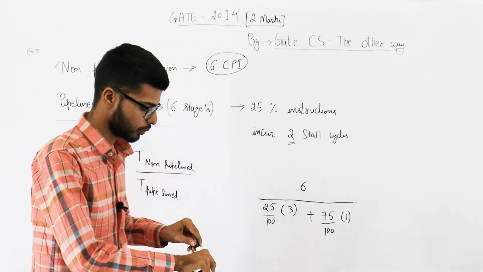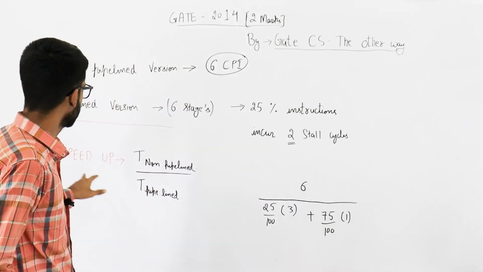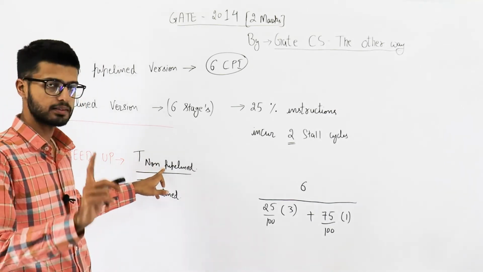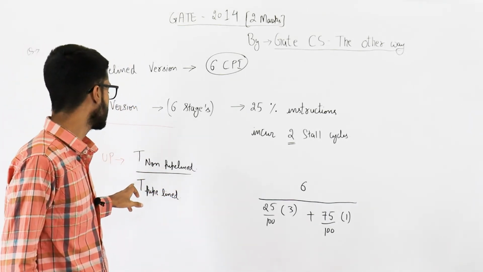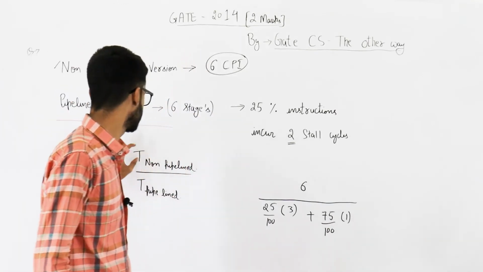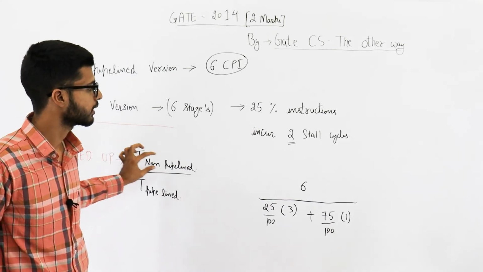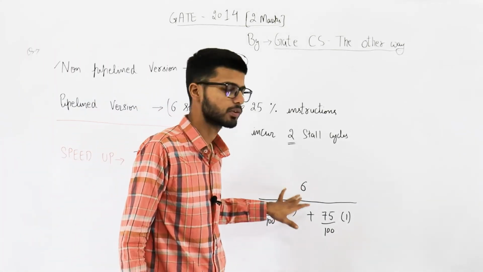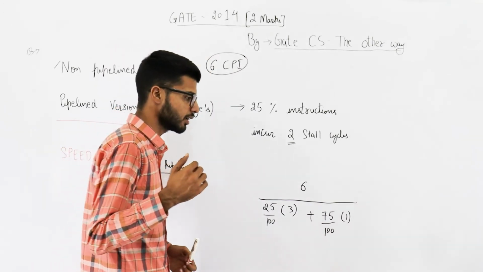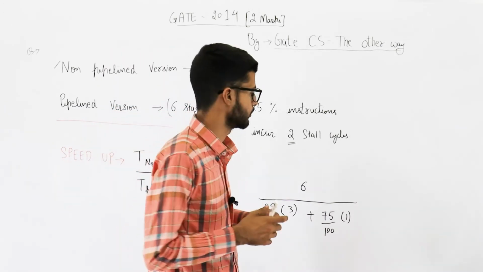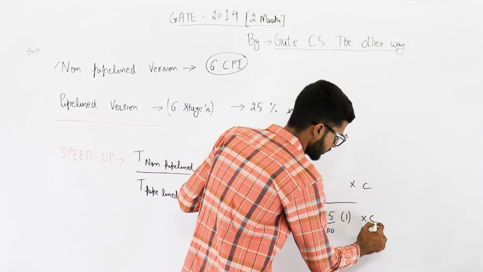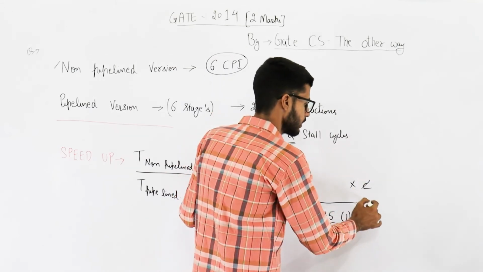Now you might get one doubt. In the formula of speedup, we have time taken by non-pipelined version to execute one instruction and time taken by pipelined version to execute one instruction. So we are talking about times here, but here I am talking in terms of CPI. How is it possible? It's just because if you convert CPI into time, it will be multiplied by some constant here as well as some constant here. Eventually they'll get cancelled.